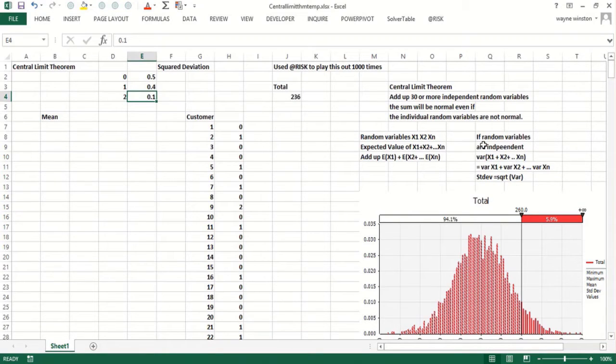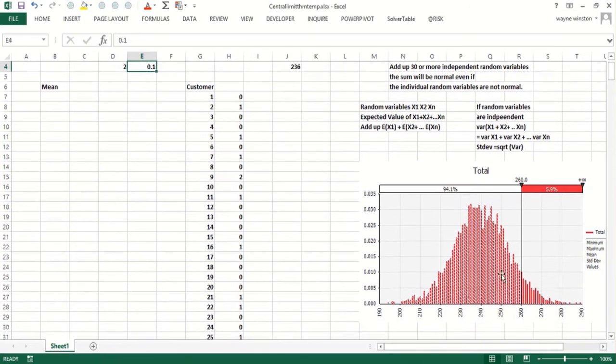It's discrete. But if we add up the total bought by the 400 customers, it's going to have a histogram like this. We can show you using a great add-in for Excel called @Risk that plays out a situation many times. If you look at the probability density function of the number of chocolate bars that will be bought by 400 customers, it's going to look a lot like a bell curve.